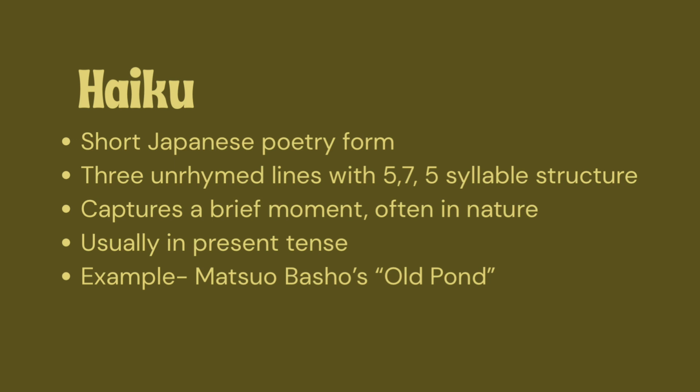Traditionally, haiku consists of three lines with a 5-7-5 syllabic pattern. One famous example of haiku is Matsuo Basho's An Old Silent Pond. In a sense, a haiku is a poetic snapshot that is small in size but vast in meaning.